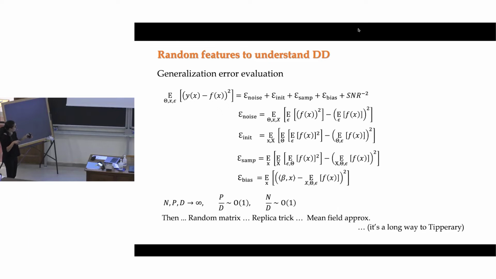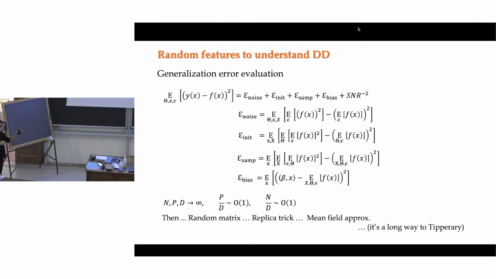You have an initialization term that comes from the fact that in random feature models you're initializing the hidden layer weights randomly. And you have a noise term that takes into account noise in the labels. So you can interpret it as label noise, also in classification, right? But of course, this is a sort of regression. They were able to quantify this. This can be parameterized, of course, in some weird limit.